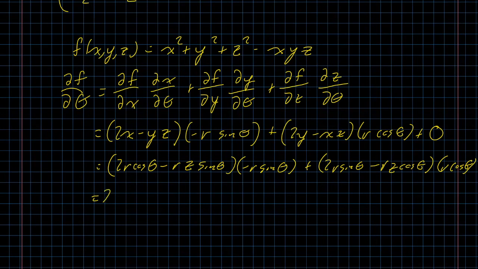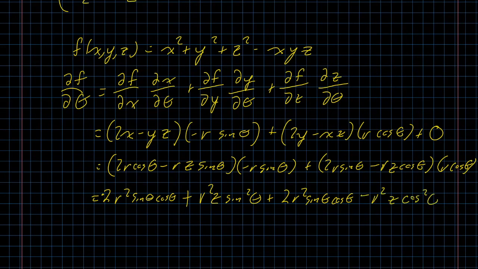So we'll get negative 2r squared sine theta cosine theta, minus a minus is plus r squared z sine squared theta. And then we'll have 2r sine theta times r cosine theta, which is going to be plus 2r squared sine theta cosine theta. And then we'll have minus r squared z cosine squared theta.